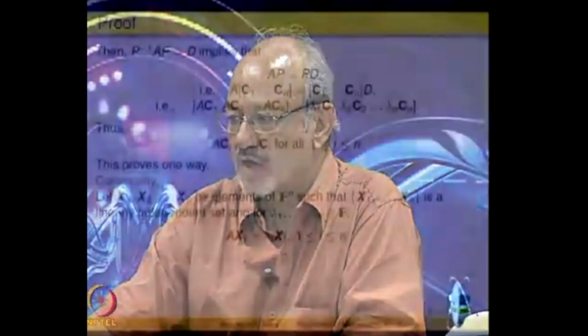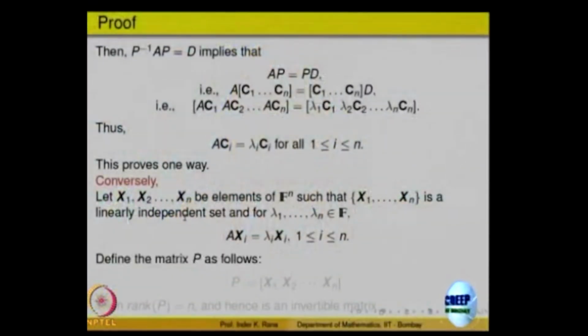So let us construct the matrix with these as the column vectors. P is defined with these vectors as its columns. Since they form a linearly independent set, P is invertible. The rank of P is n.